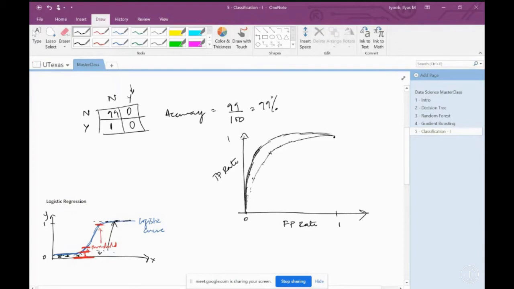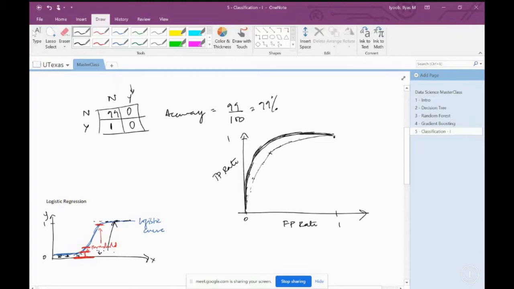It'll go closer to the edge because you're able to increase your true positives without increasing your false positives much, right? That's what a good gap here would give you. So that means that the more the curve looks like this, the better, right?